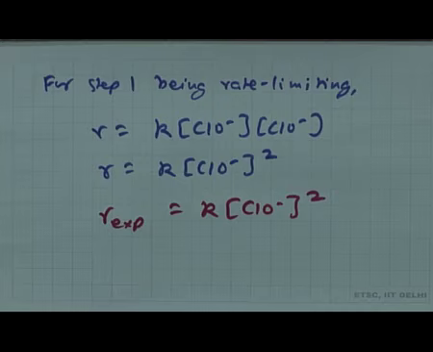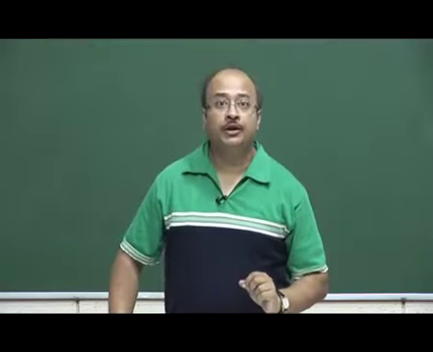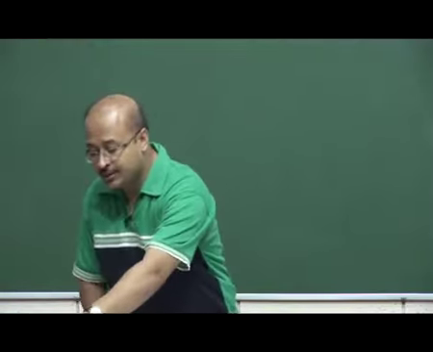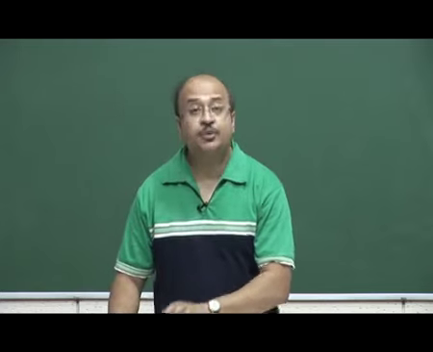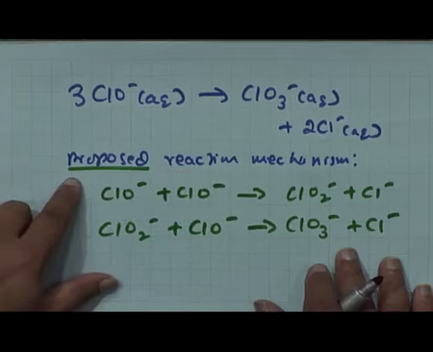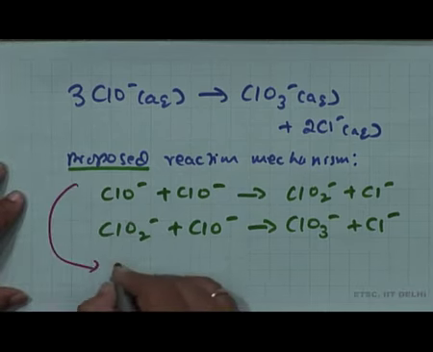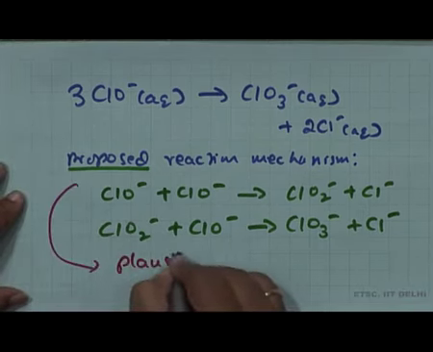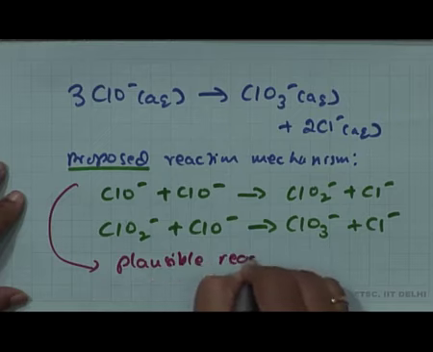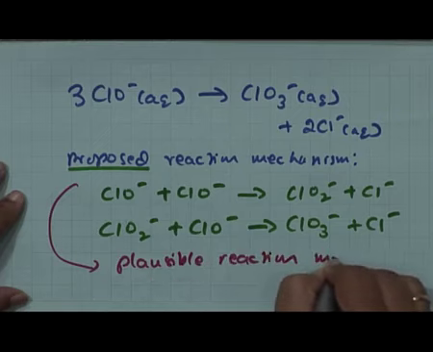What it tells you is that, whatever equation we observed experimentally and the proposed reaction mechanism, the reaction mechanism is a plausible one, because why is it plausible? The reaction mechanism, or the proposed one, is plausible. So, I can say that it is a plausible reaction mechanism.